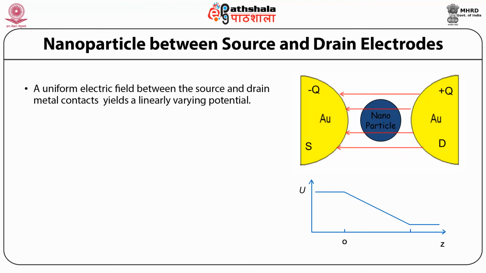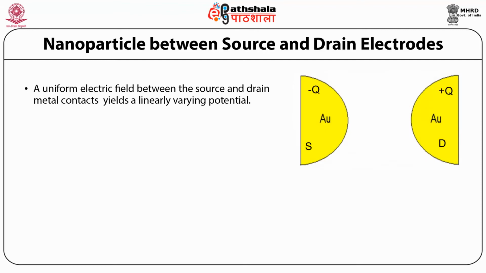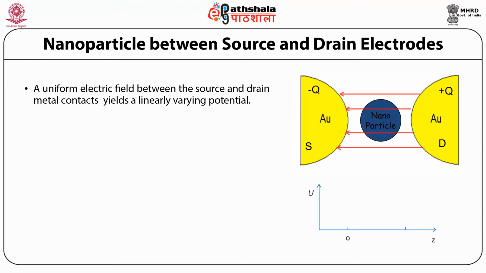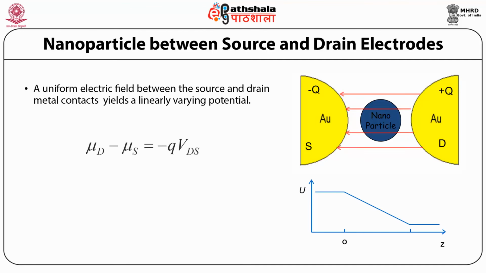So when a potential is applied between the source and the drain contacts, Fermi level of one contact will be shifted with respect to the other, so that mu d minus mu s equal to minus q VDS.